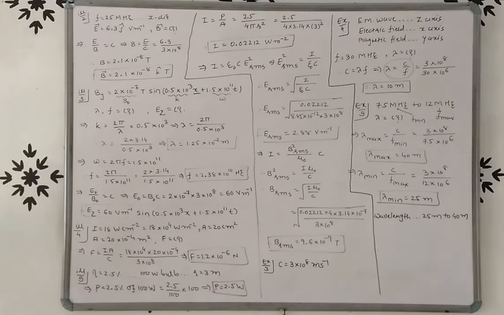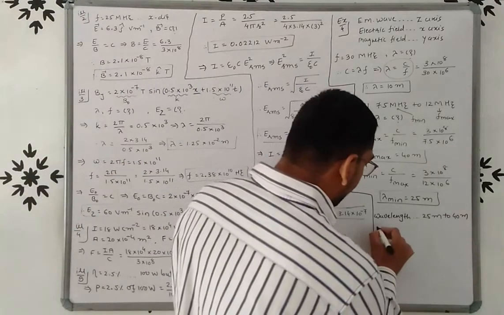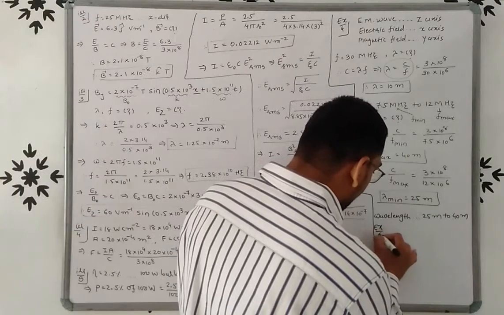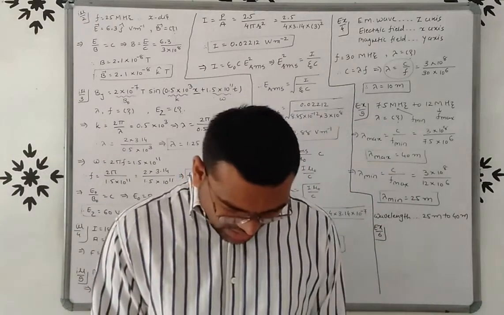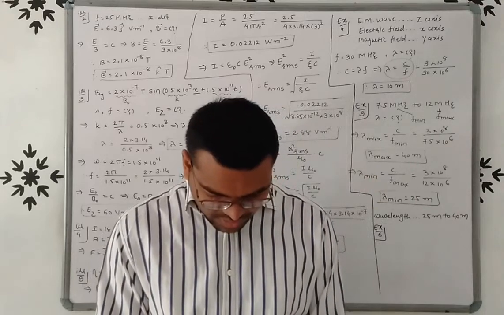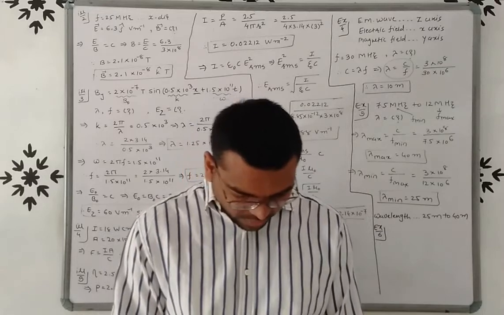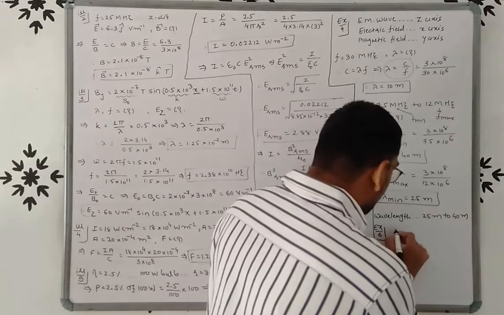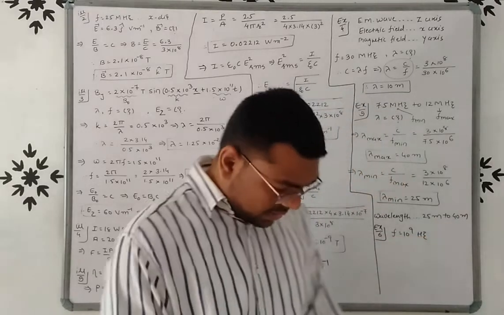Now see next example, that is example 6. See the question. A charged particle oscillates about its mean equilibrium position with a frequency of 10 raised to 9 Hz. So your frequency is given, that is equals to 10 raised to 9 Hz.